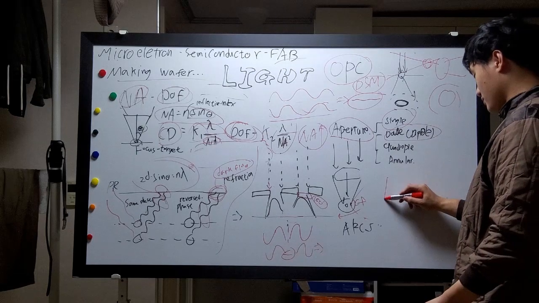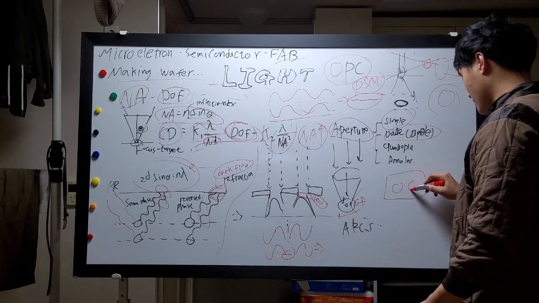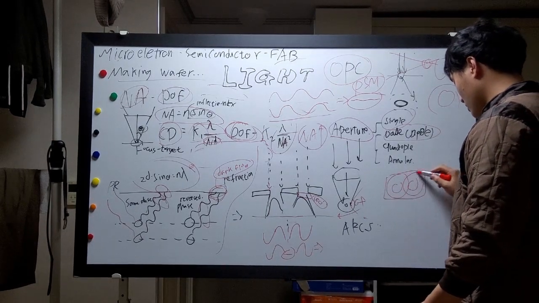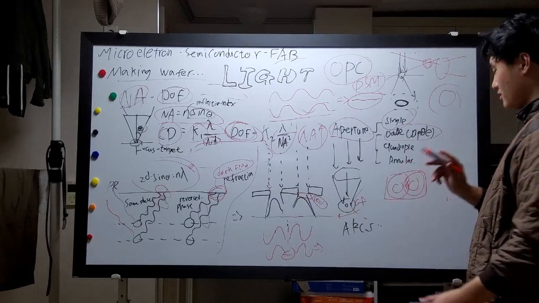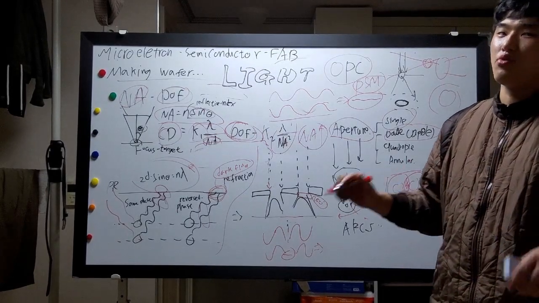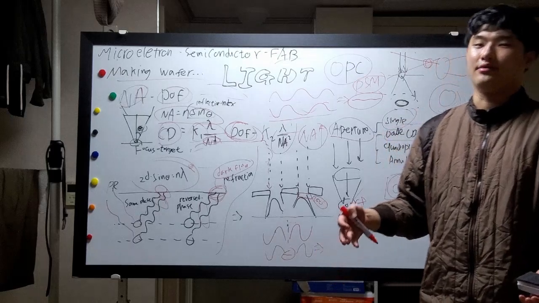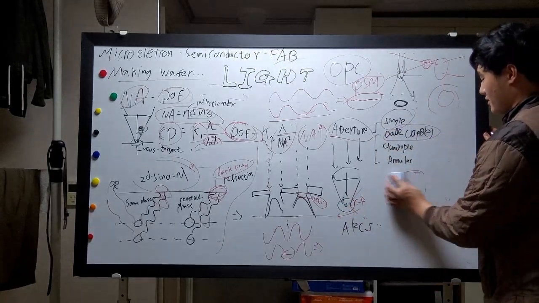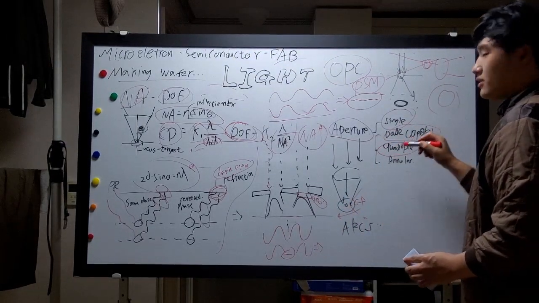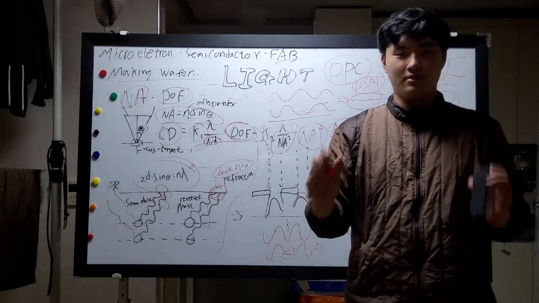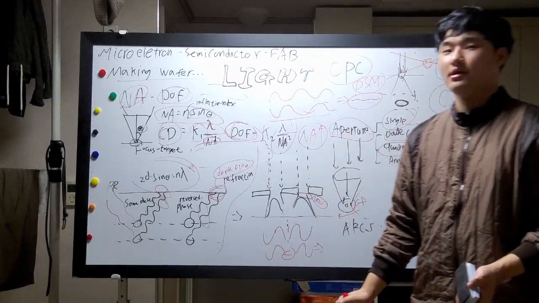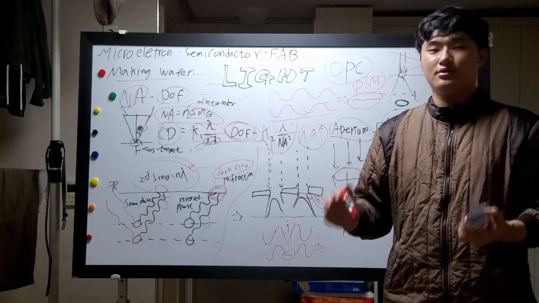So the holes are here. Here will be proportional, but have somewhat more wide range than the single pole. And then quadrupole. The quadrupole is the most effective way in this and the most mainly used one.